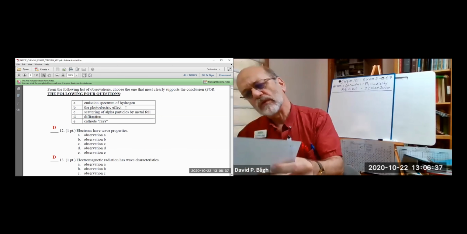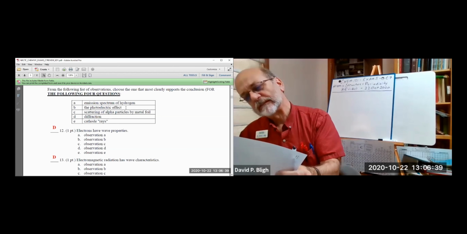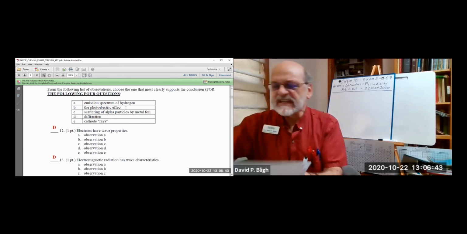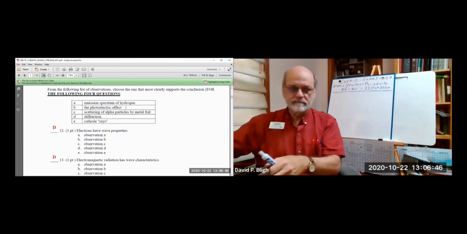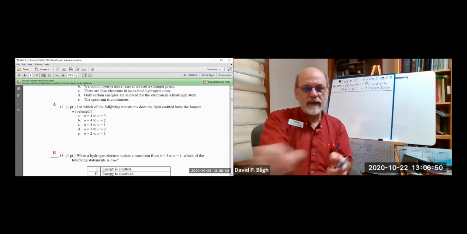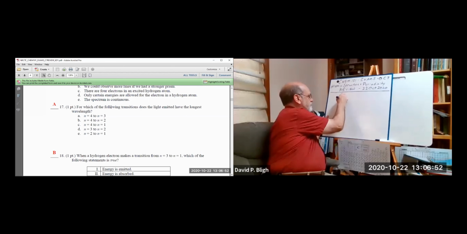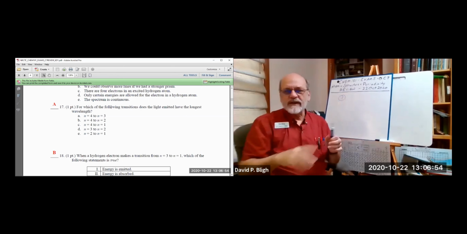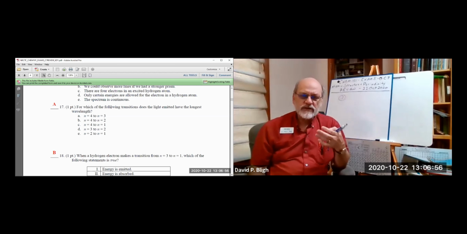Let's move on to 17. So for 17, which of the following transitions does the light emitted have the longest wavelength?